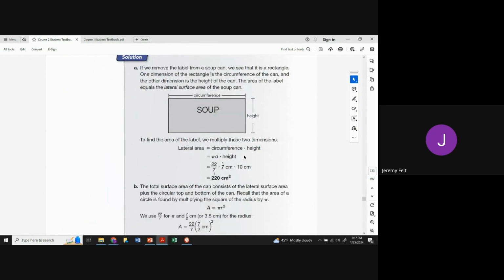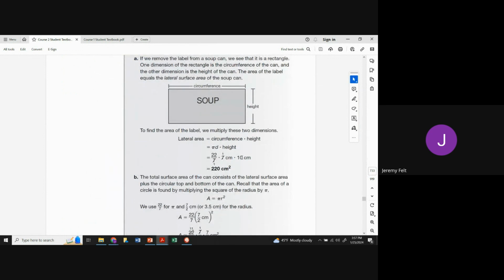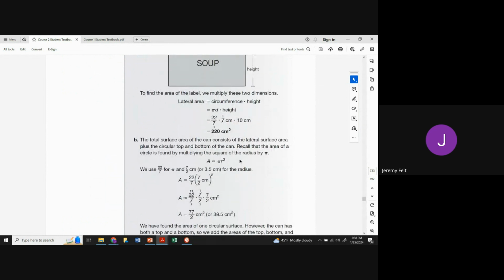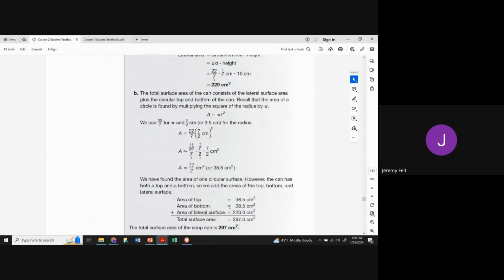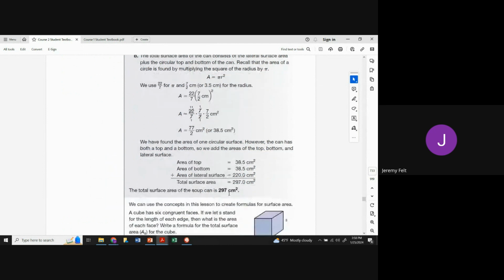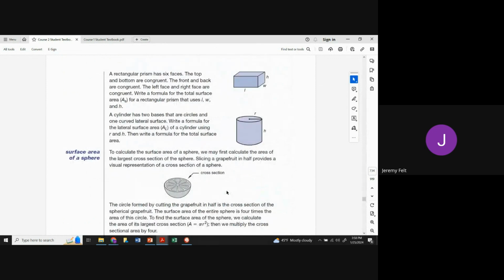So 3.5 squared, or 7 halves squared, times 22/7 gives us about 38.5 square centimeters. We multiply by 2 because there are 2 circles, top and bottom, and then add that back to our lateral surface area, and that's our total surface area.